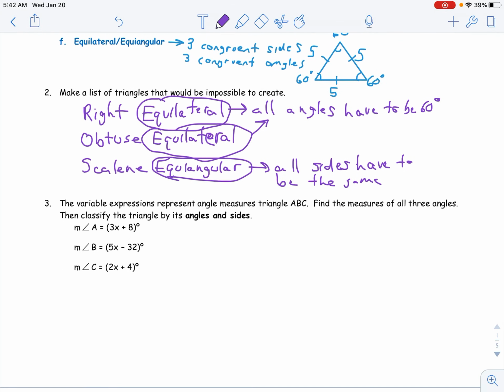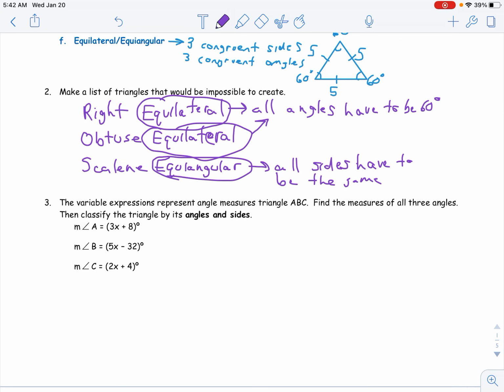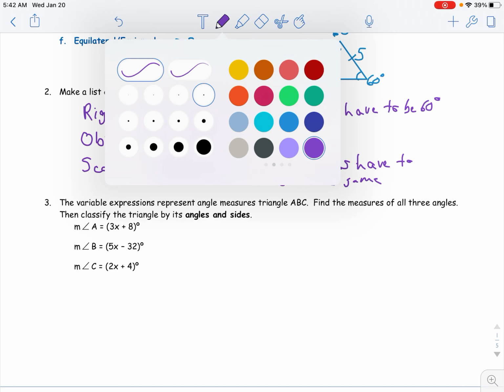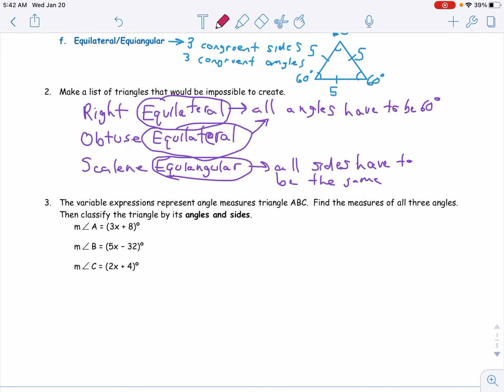But nonetheless, last problem for this one is we're just going to do an algebra problem, where we're going to find the measures of all three angles and classify it by angles and sides. Alright, so remember, triangles add up to 180 degrees. That's kind of a big punchline, the triangle sum theorem. So I'm going to do 3x plus 8 plus 5x minus 32 plus 2x plus 4, because all I did was take all these angles and add them to 180 degrees.